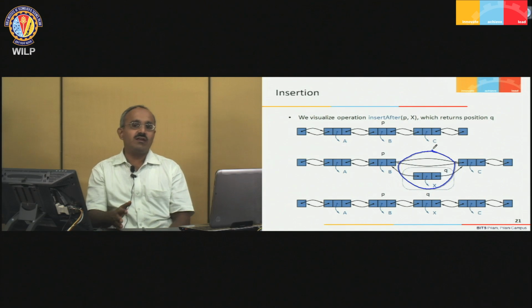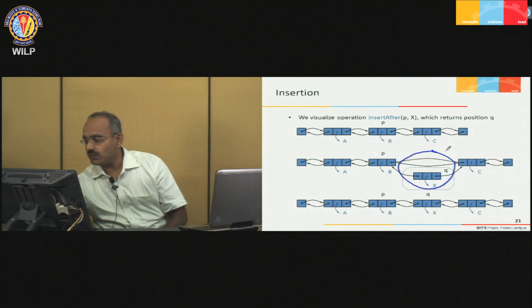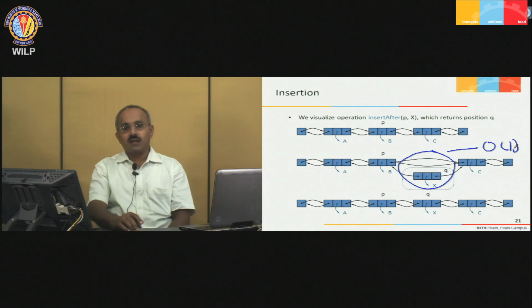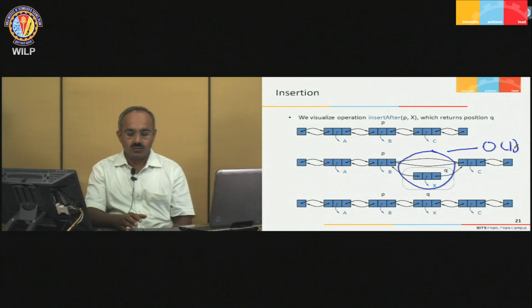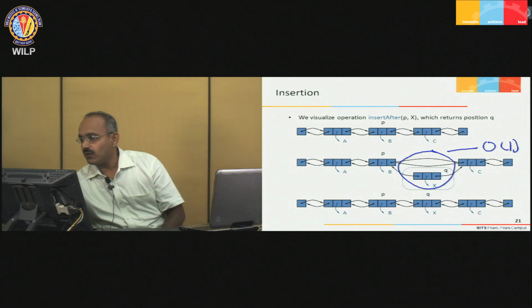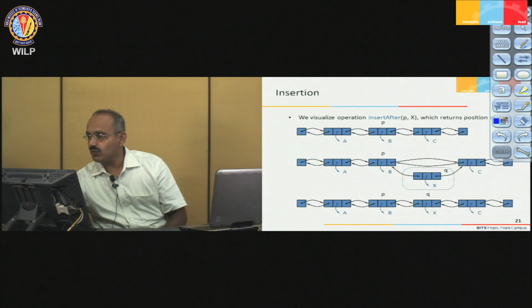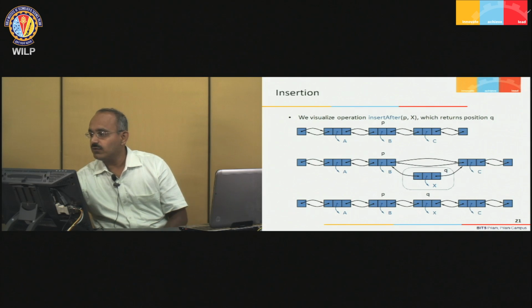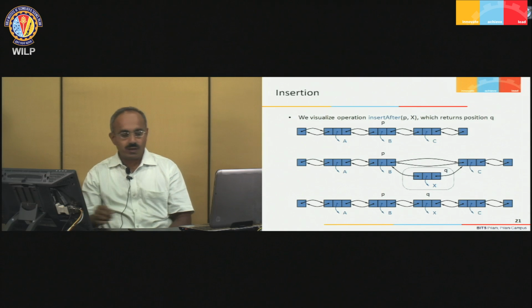So it precisely takes a constant time. The time required is the time to traverse to that particular node. The traversal time is proportional to the number of nodes that you are going to traverse. Adjustment of pointers is just going to take you a constant time.